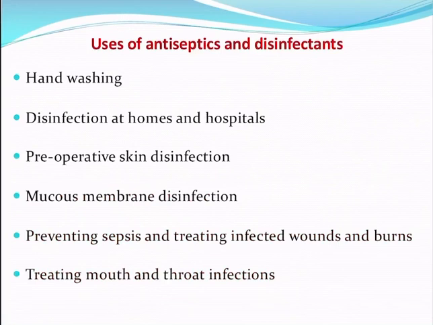Lysol, prepared from cresol, is an active disinfectant. Dilute hypochlorite solution can be prepared when required for personal use, and it is used as a disinfectant of feeding bottles for infants.